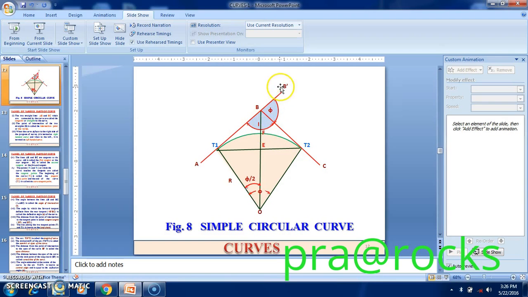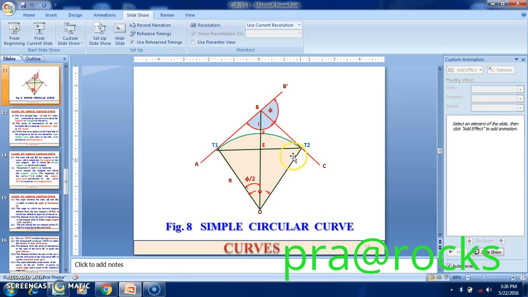And angle B'BC will represent the deflection angle for the curve, and it is termed phi. Then BT1 and BT2 will give the tangent length, and T1T2 is termed the long chord of the curve.